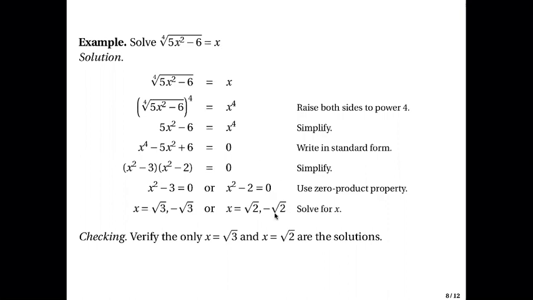So if you have negative square root of 2, again, the right-hand side will be negative, but the left-hand side will be positive. So definitely the negatives are not solutions. Just try to check now that positive square root of 3 and positive square root of 2 are both solutions.